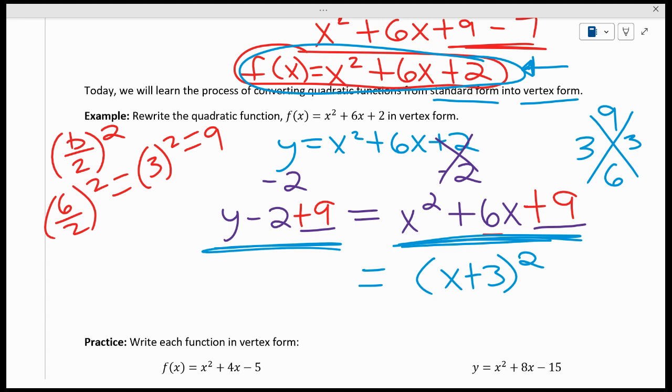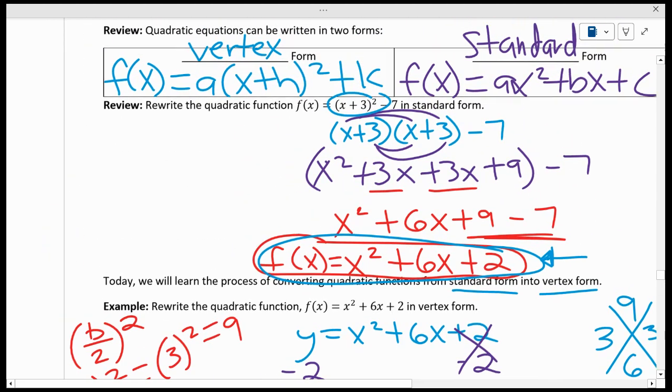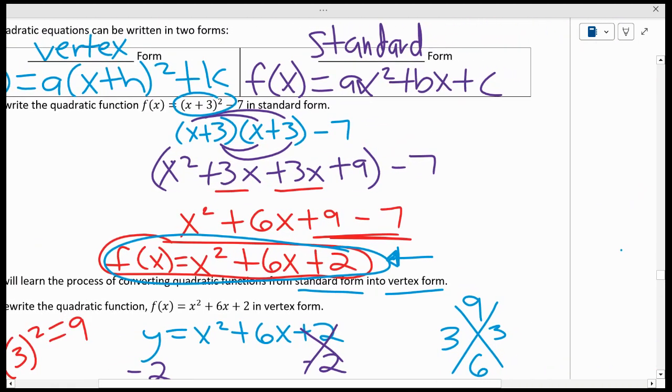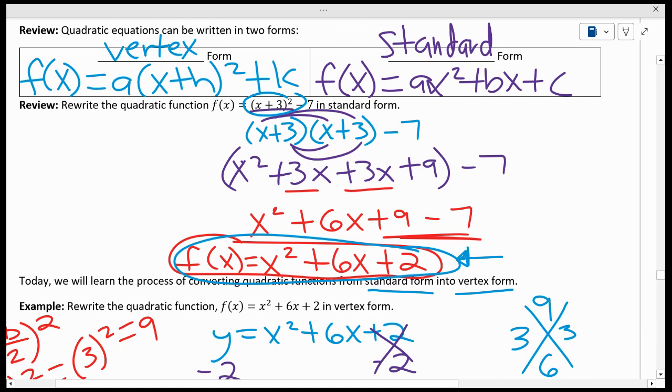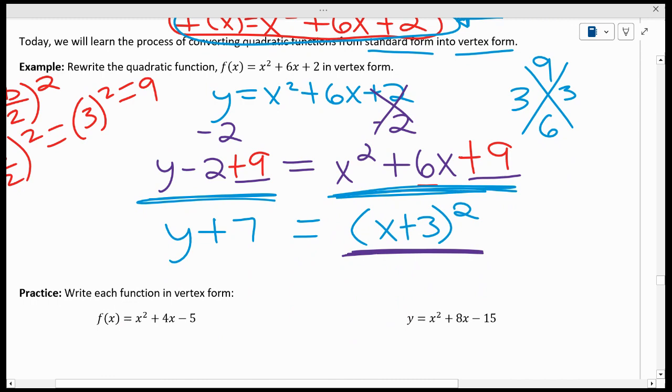On this side, I add negative 2 plus 9, that's 7. And then my last step, notice that I now have the parentheses. Remember, this looks like vertex form. So if I scroll up a little bit, that kind of looks like this. The only thing that I need to do is I got to move this 7 back.